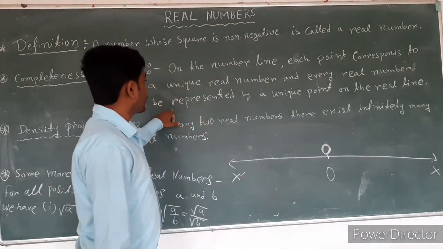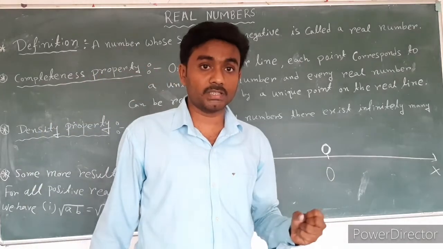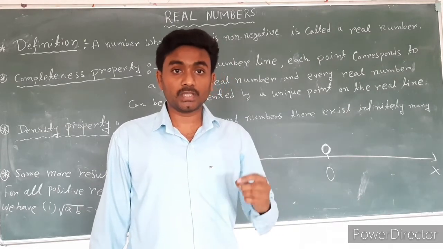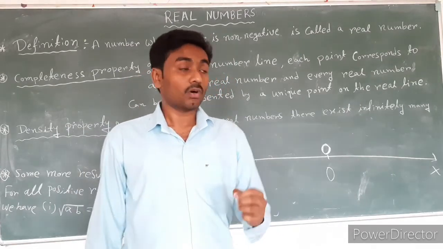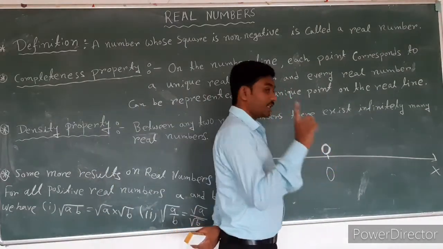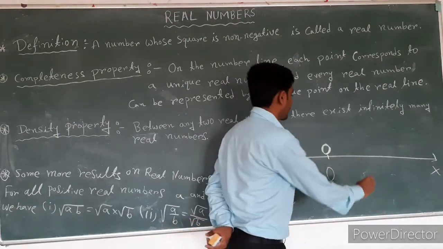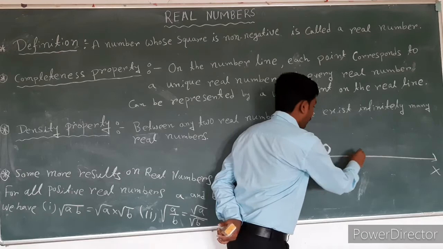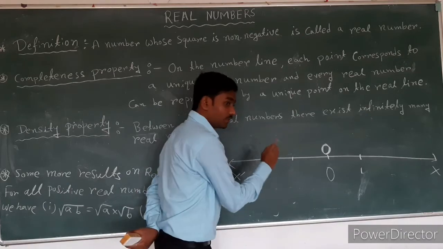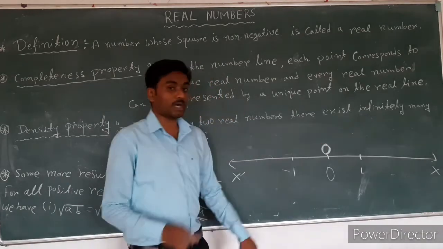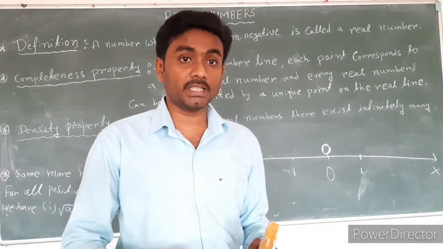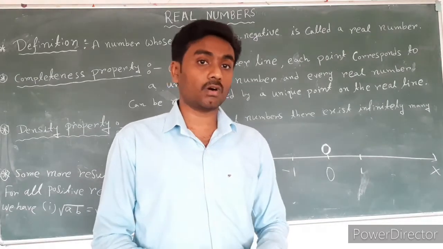And conversely, each real number can be represented by a unique point on the real line. That is, 1 is a real number which is represented by a unique point on the real line. And this point always represents a unique real number. Similarly -1. So -1, 1, all the real numbers can be represented by a unique point on the real line.